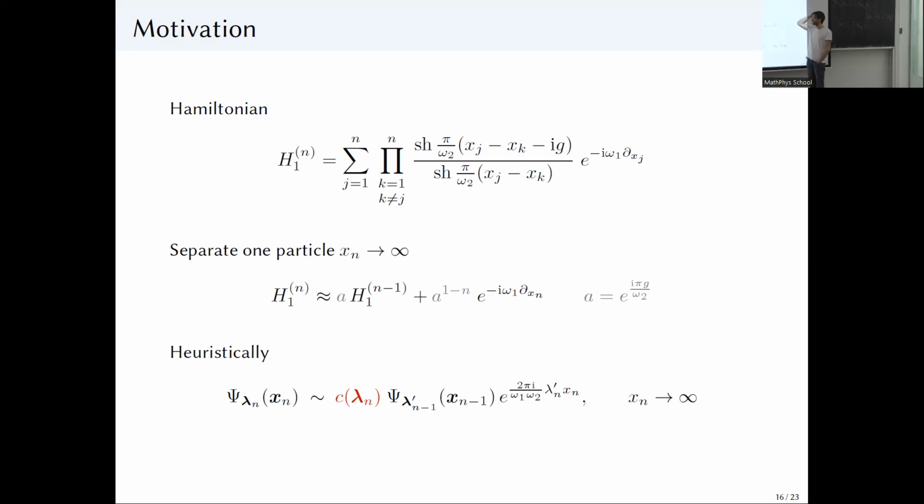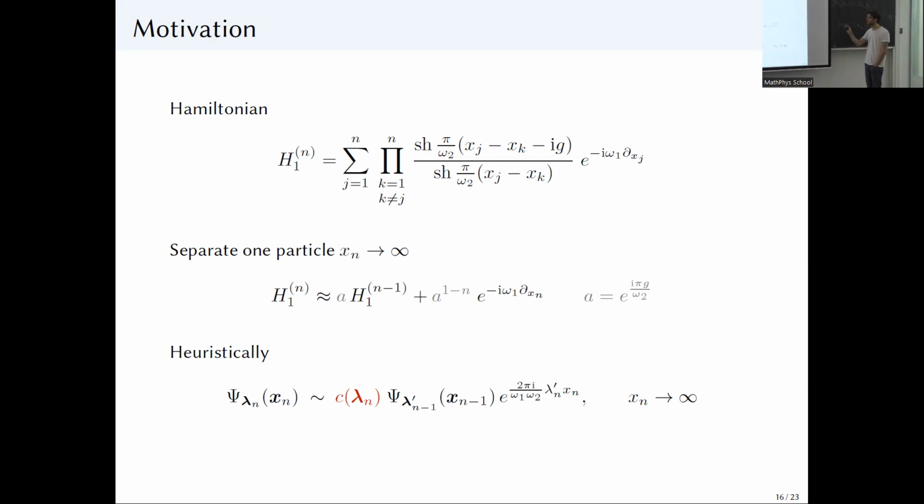These Hamiltonians have a very natural physical property: if you separate the particles, then the interaction falls off. In particular, if you separate only one particle, xn, and formally send it to infinity from the rest, then the Hamiltonian, as you can check, will separate formally into two operators: the Hamiltonian for the n-1 non-separated particles and the shift operator for the separated particle. There is also some constant, which is not important.